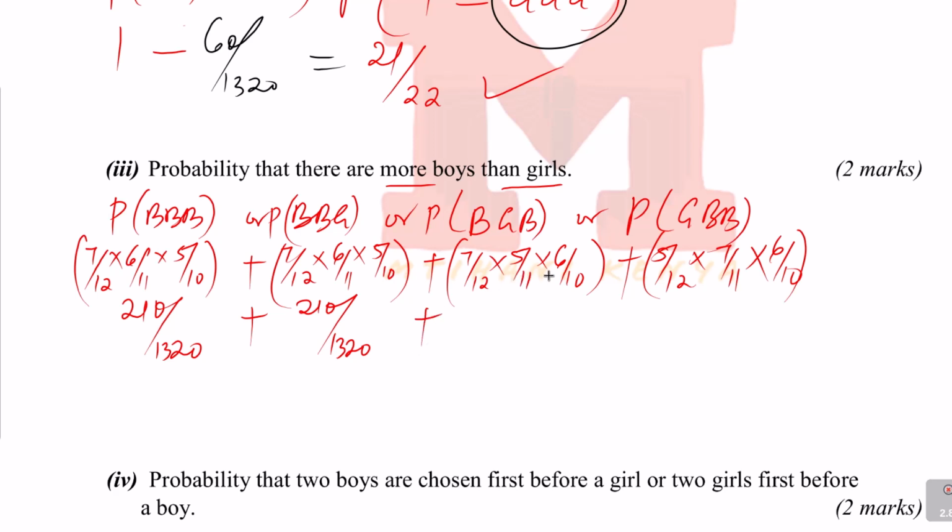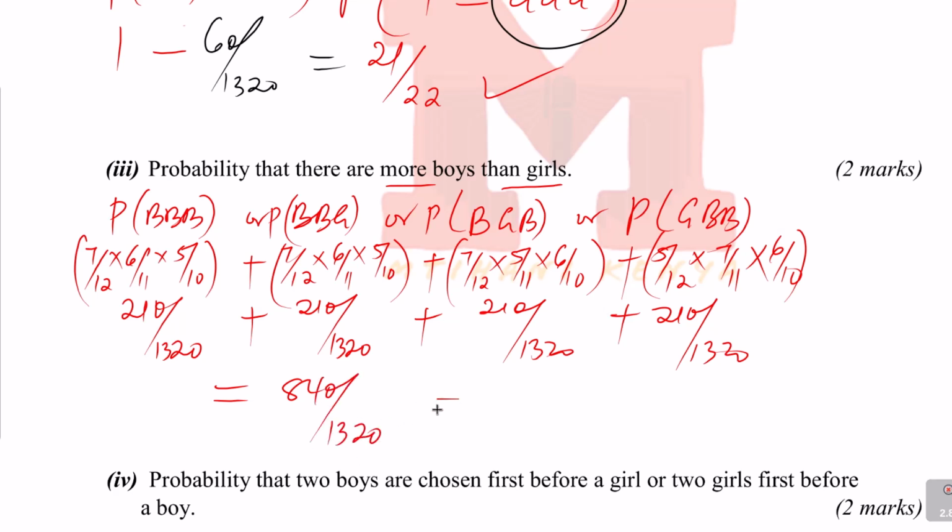Then 7/12 times 5/11 times 6/10, 210 over 1320. Actually, all of them give the same, 210 over 1320. So when you add everything, you will get 840 over 1320, and when you simplify, you will get 7 divided by 11. So that is the probability that there are more boys than girls.